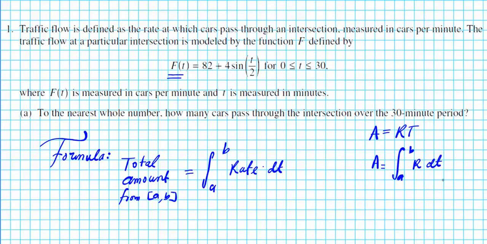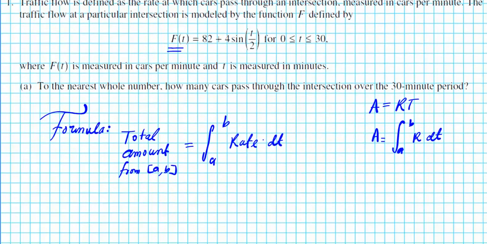Now let's go ahead and apply this formula to the scenario that we're dealing with right here. Before we do that, let me label this clearly for you. This is the flow rate.